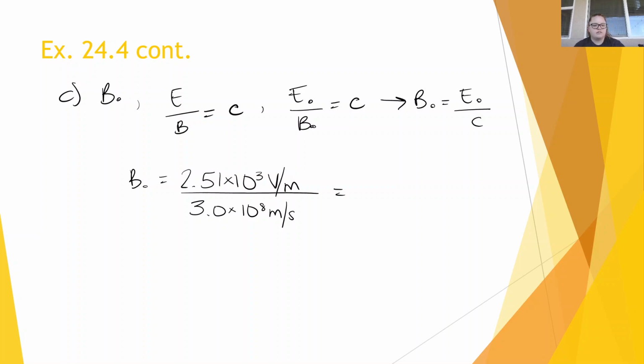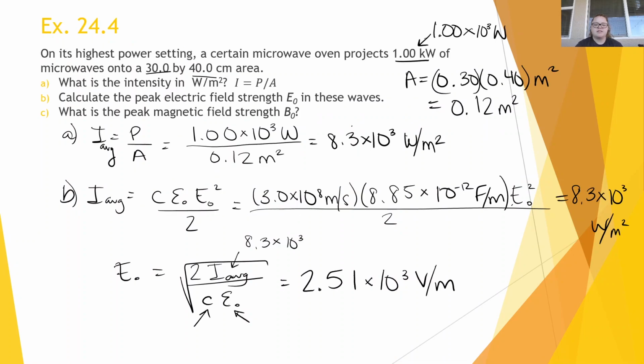Okay, so we'll have that divided by 3 times 10 to the eighth, and I get 8.35 times 10 to the negative 6, and that is in Teslas. Okay, so we've now found the maximum B value, or the maximum magnetic field strength, the maximum electric field strength, and our average intensity of that microwave oven.